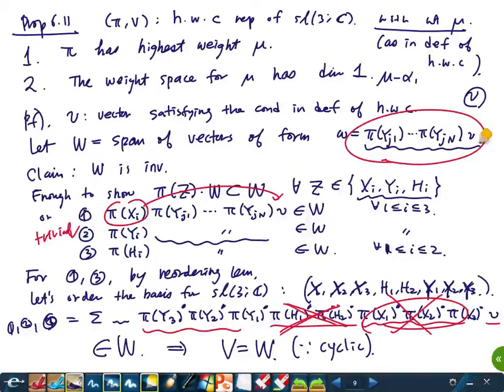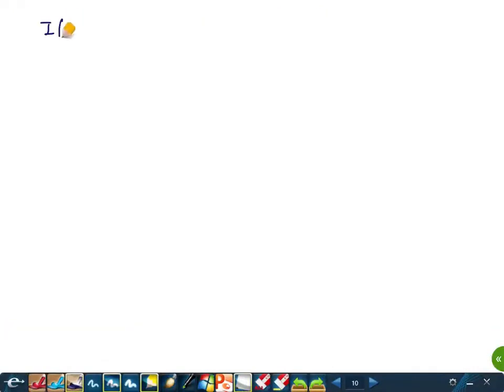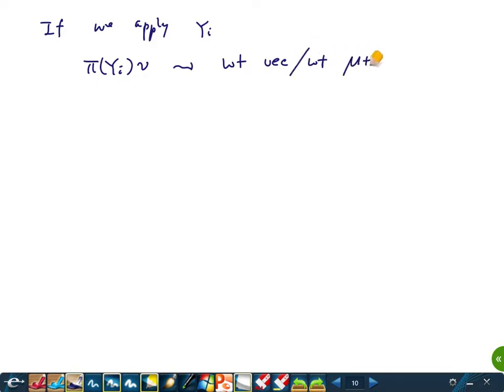Is that right? If we apply yi, then it's a weight vector with weight mu plus alpha 1 or alpha 2 or alpha 1 plus alpha 2.